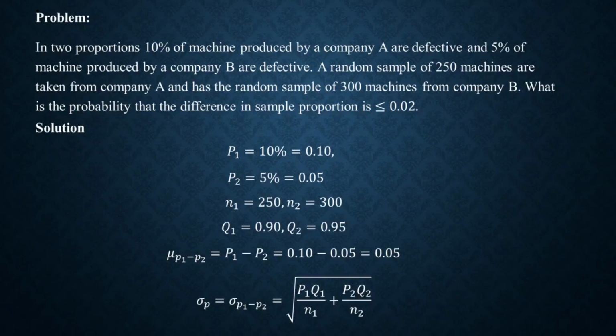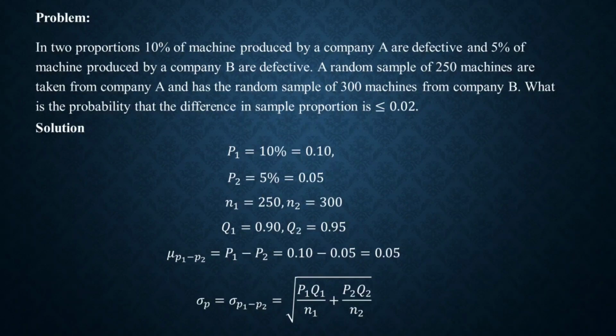Next, it is given that a random sample of 250 machines are taken from company A and a random sample of 300 from company B. So the corresponding N1 value is 250 and N2 value is 300. Now we can find the value of Q1 from P1, that is we know the relation between P and Q, that is P plus Q is 1.